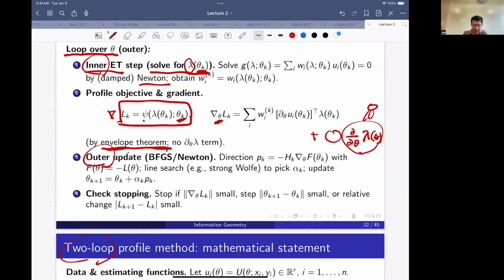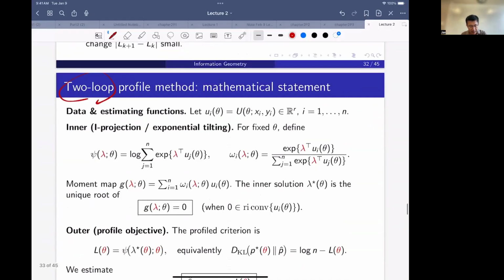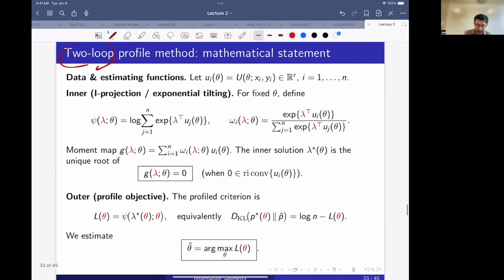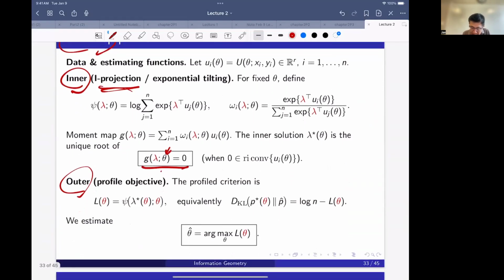Okay, so that's one thing. And then another technique that might be useful is something called the BFGS. So what is that? This is just a statement of inner and outer. Inner is just the E projection, I projection, so computing, given a set, how to compute lambda. The notation is not a big deal, but this is a convex inner problem, relatively.